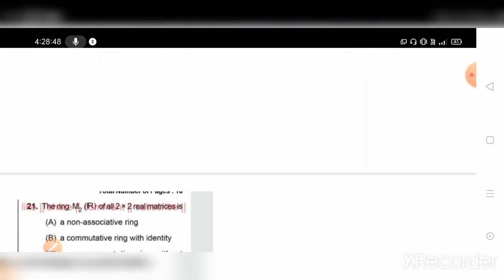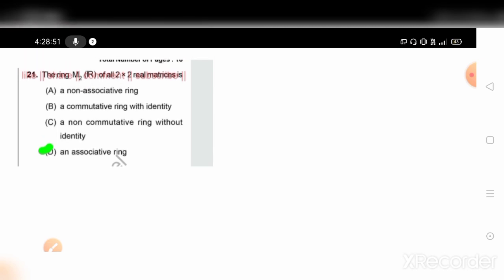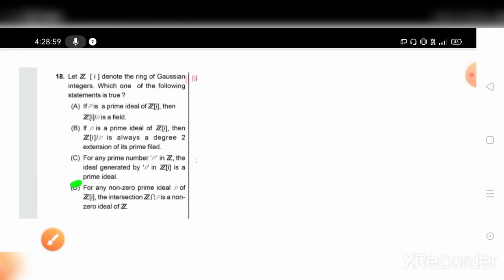Next question. The ring M2 of R, all 2 cross 2 real matrices, is an associative ring. Let Z[i] denote the ring of Gaussian integers. This is also repeated.